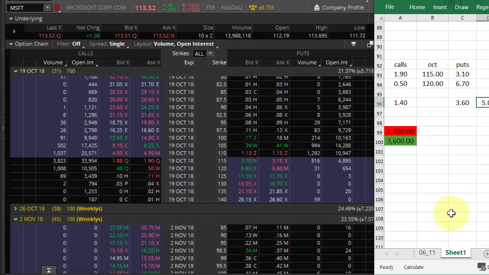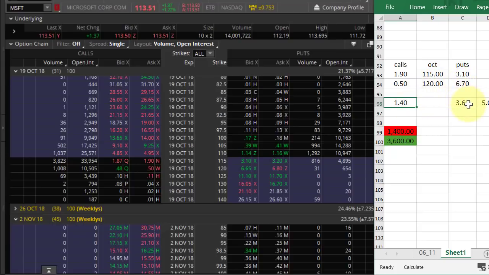A question that professional traders always ask to try to see who understands options is this: if the 115, 120 call vertical is trading for $1.40, what's the put vertical trading for? The way that you can do that is the difference between the strikes minus the call vertical. 5 minus $1.40 is $3.60.